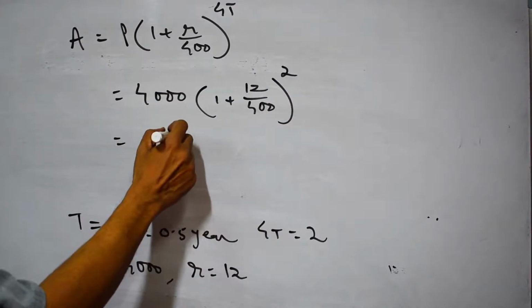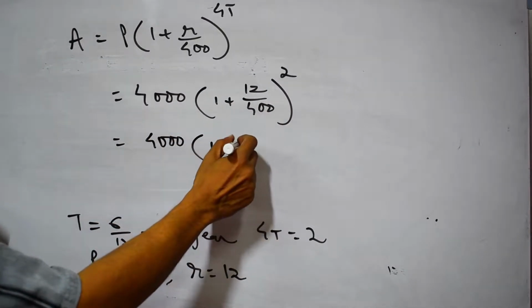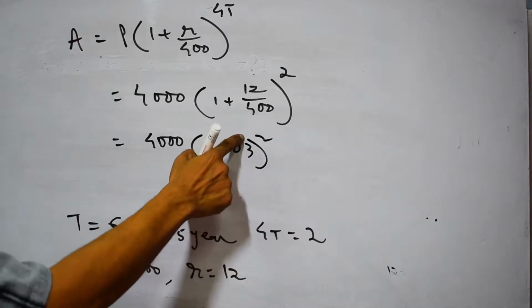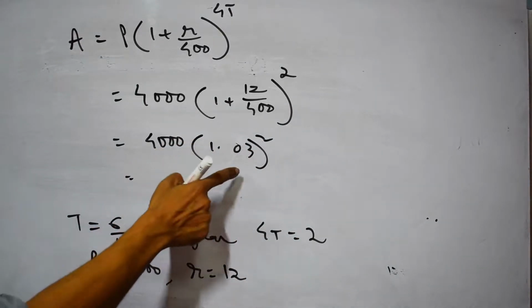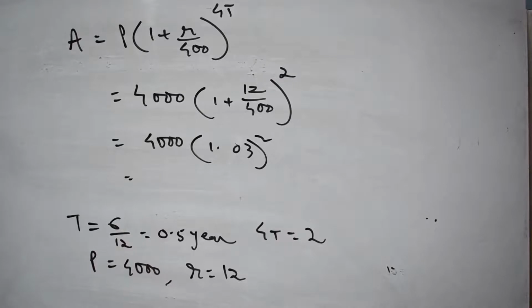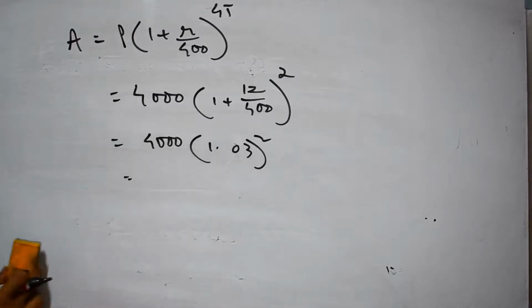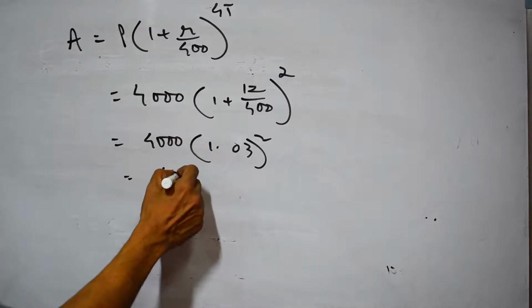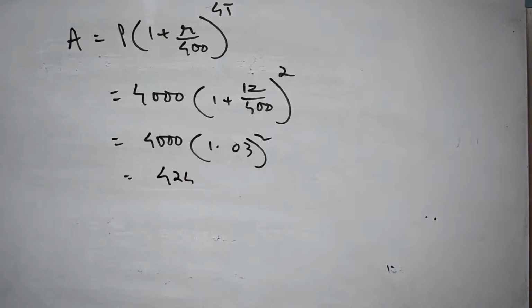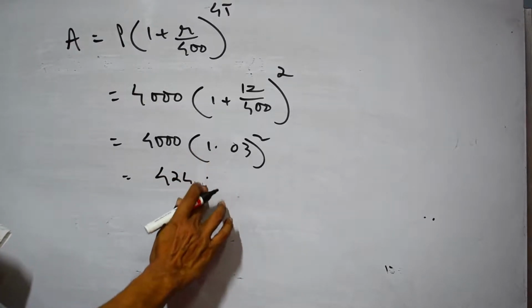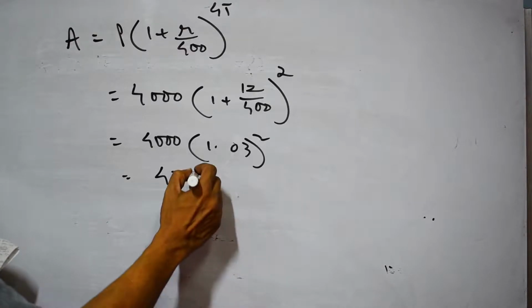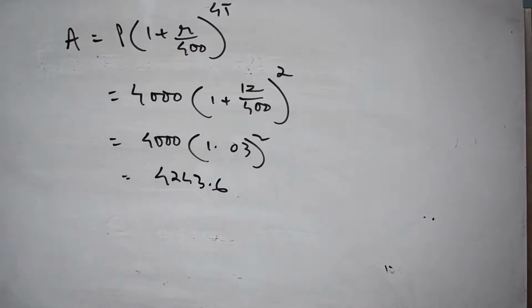Our result will be 1.03 whole square, and after multiplication our result is 4,243.6.